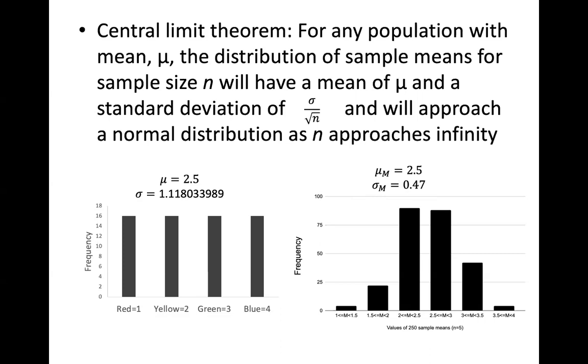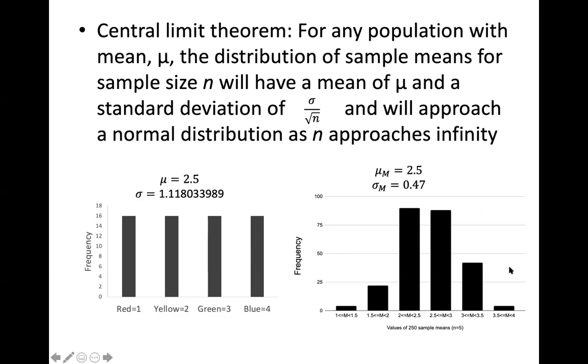Conceptually, an important thing that you'll want to understand about the central limit theorem is that the bigger the sample size gets, the thinner the distribution of sample means gets. You can actually see this here: the population is a thick, wide distribution. But as n gets bigger and you make a distribution of sample means, the variability, or the standard deviation, is going to get smaller, which is exactly what you see here.